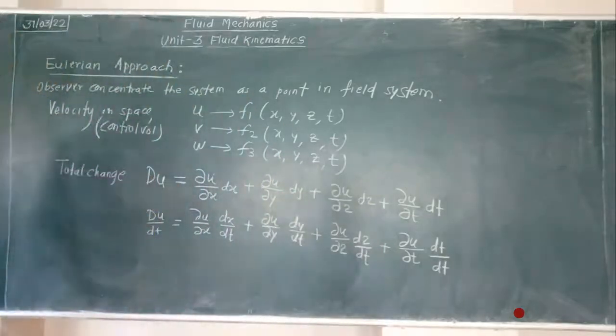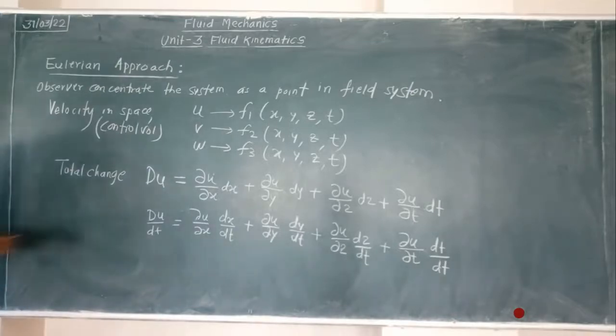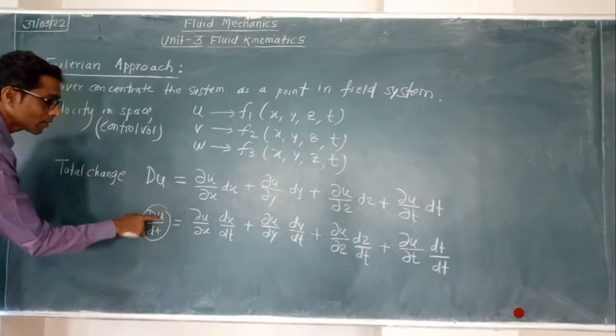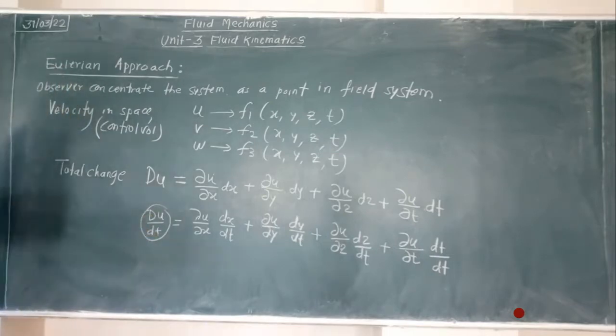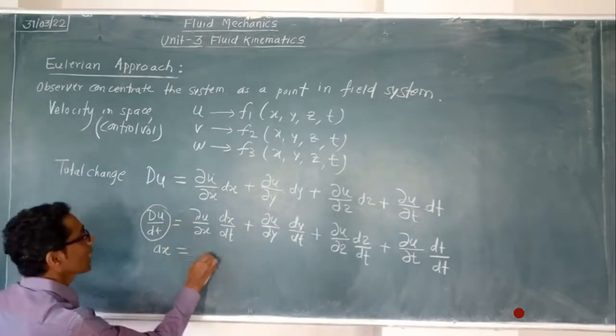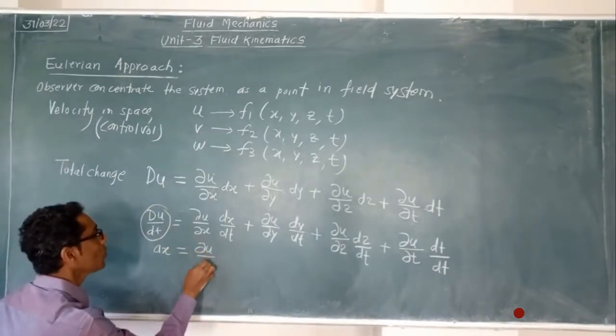We divide both sides with the time. Okay, so here now this is acceleration, because change in velocity with respect to time is the acceleration component ax, that is equal to del u by del x.